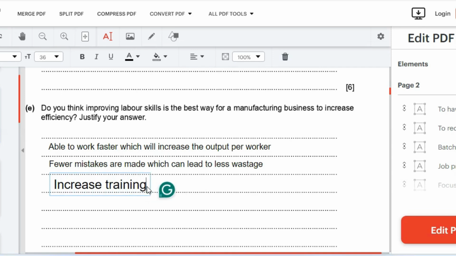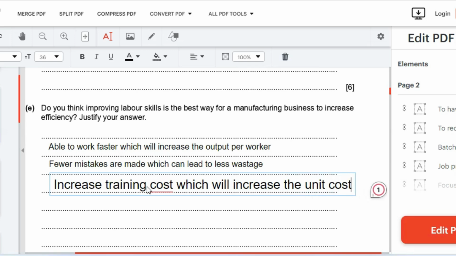Increased training cost, that is why improving labor skills will also increase the unit cost of the product.